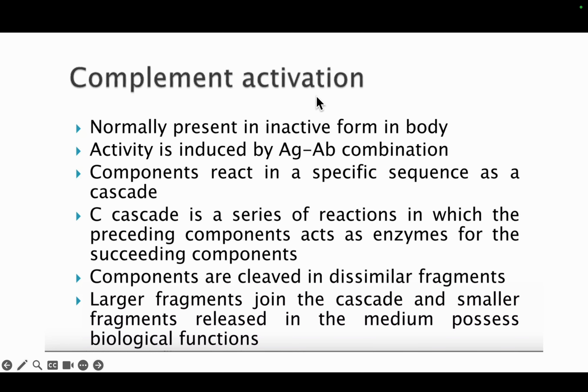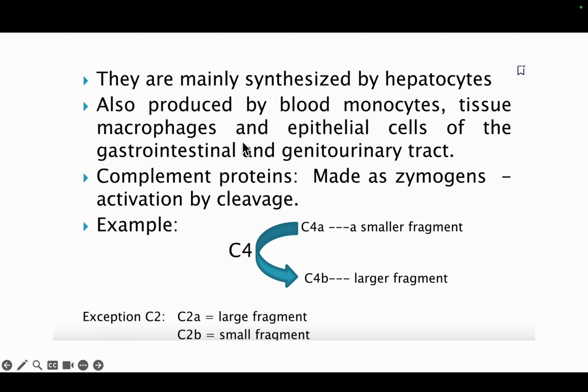Complement activation. Zymogens are enzymes that need some cleavage activity. This is a protein, a zymogen, but it is not active now. It is inactive, so it needs to break some bonds and form two different fragments, and then it becomes an active enzyme.